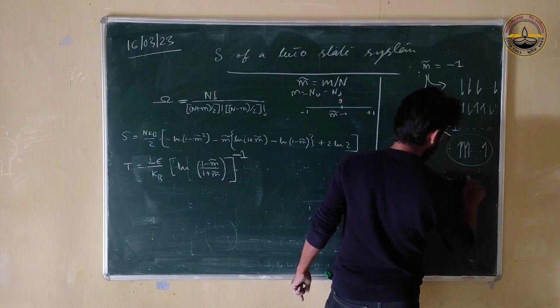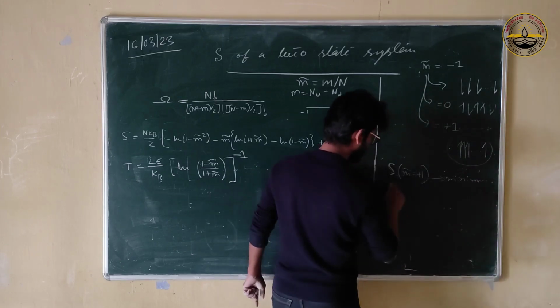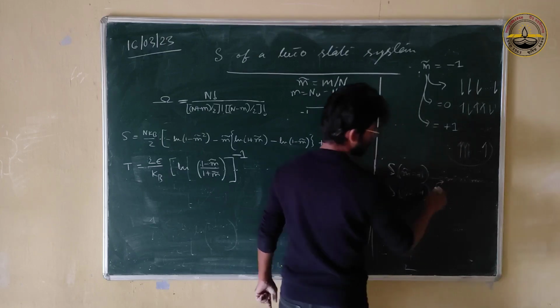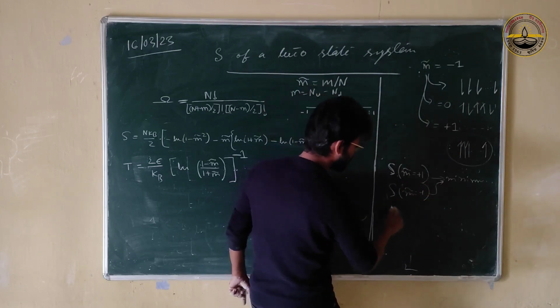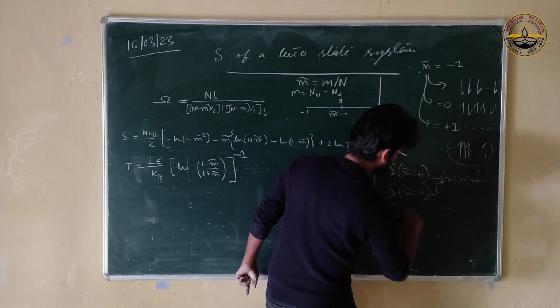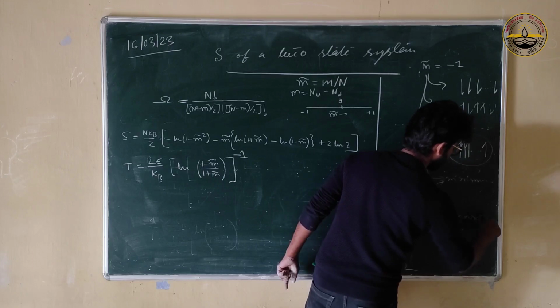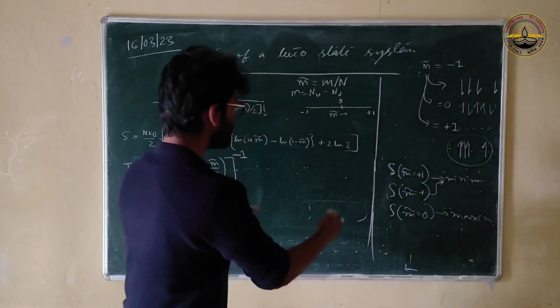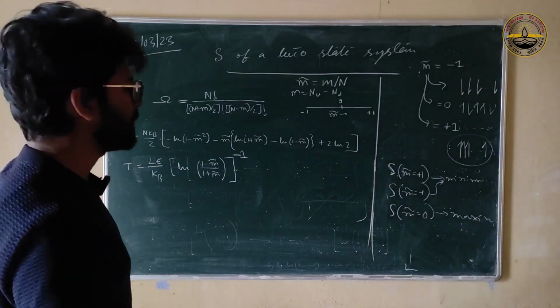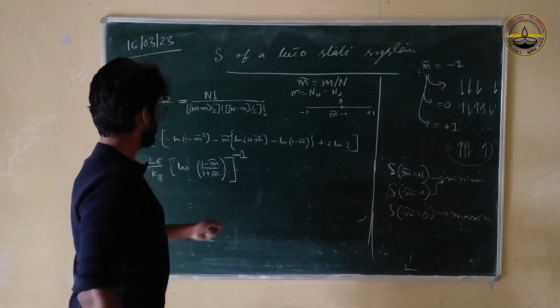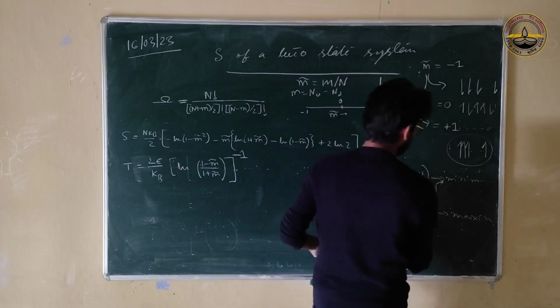Once again, s for m tilde equal to -1 must also be minimum, again ordered, and s for m tilde equal to 0 must be maximum. And indeed, that's what happens. Let's try to plot this function and see how it looks.